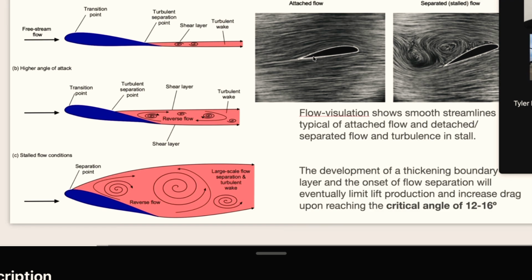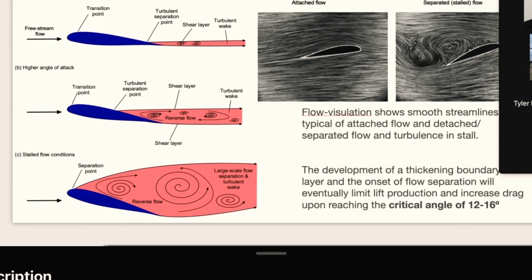As we're producing lift at a typical angle of attack where we're not exceeding the critical angle, we have nice attached flow. But if we increase that angle of attack, we can have some flow separation, which will limit lift production and increases drag. That's generally around 15 degrees, a 12 to 16 degree angle of attack, and that happens in a fixed wing just as it does in a helicopter.